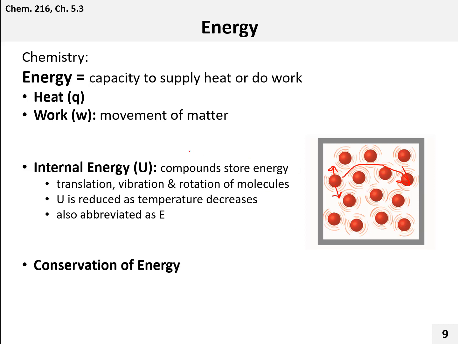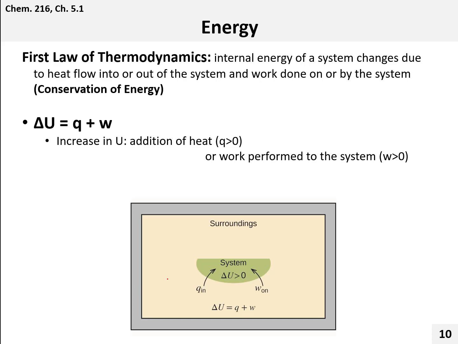And as temperature decreases, U decreases. Or as temperature increases, U increases. So as the temperature increases, these move even more. Okay? We abbreviate this as U, but sometimes we could also abbreviate it as E for energy. And because we have conservation of energy, what we can say is something called the first law of thermodynamics.